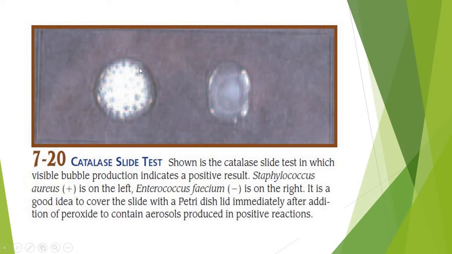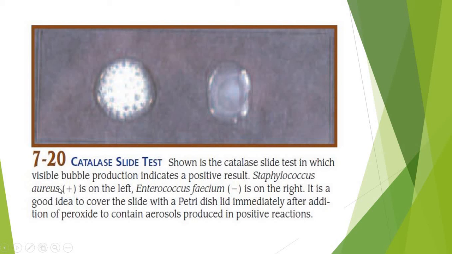After mixing, you will see bubble formation. If bubble formation takes place, this test is positive. If bubble formation does not take place, this test is negative, as shown in the catalase slide test, in which visible bubble production indicates the positive result.